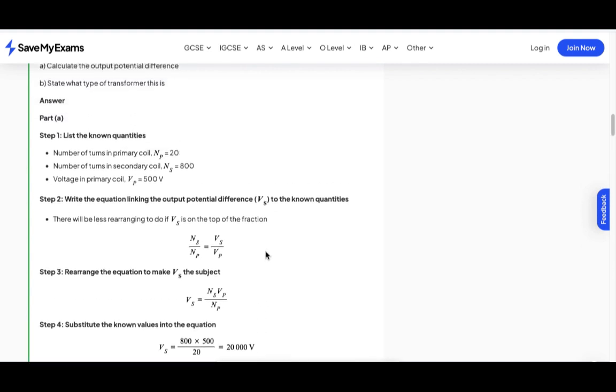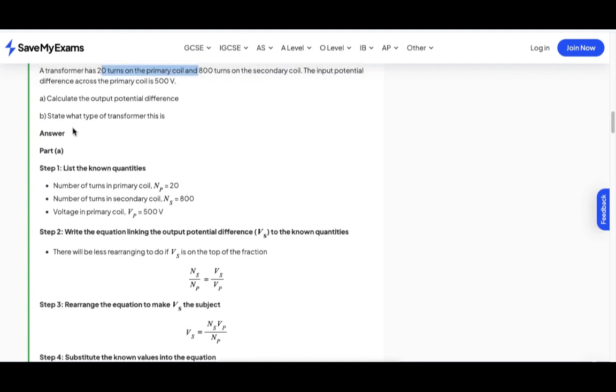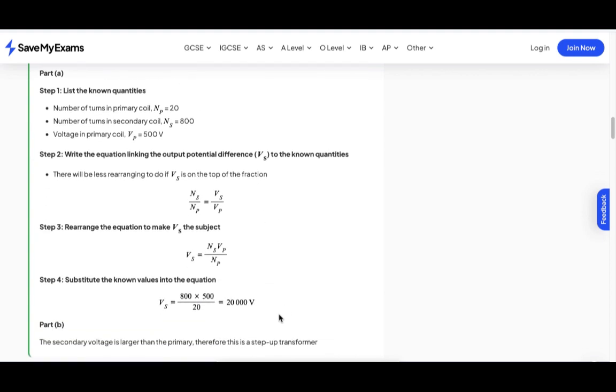Now the second part of the question: state what type of transformer this is. This is a step-up transformer because it raises the voltage from 500 volt in the primary to 20,000 volt in the secondary.